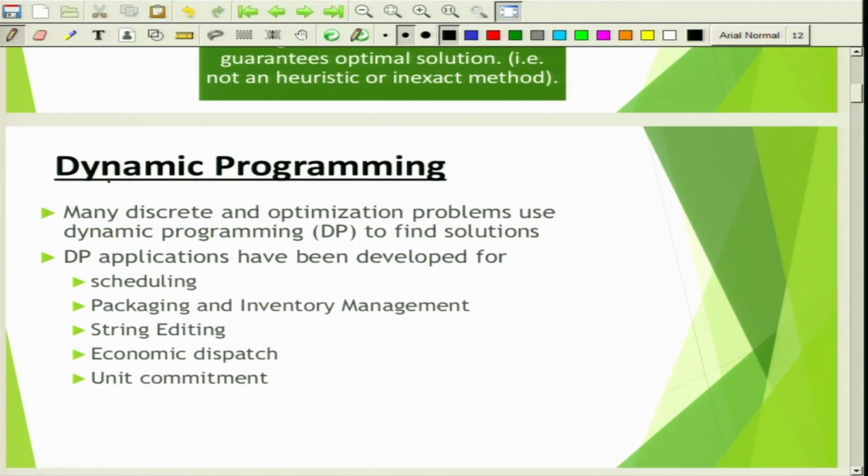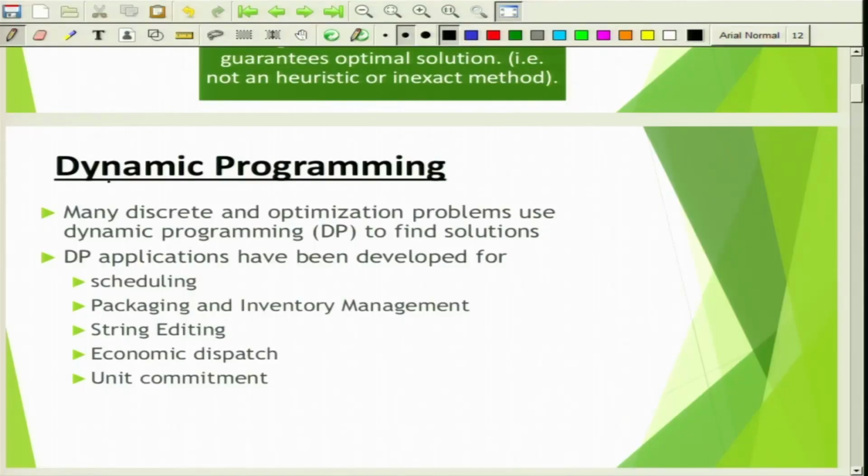There are also many other applications including packaging and inventory management, string editing, economic dispatch, that is the optimal solution of dispatching a particular generator for a particular time so that we can reduce the overall cost of operation, and unit commitment. So we will go in depth about all these aspects in further classes.